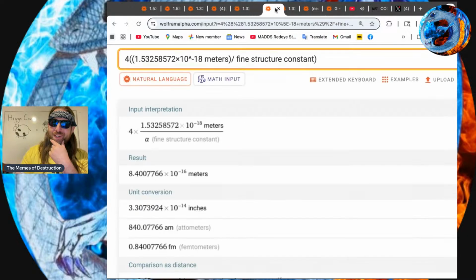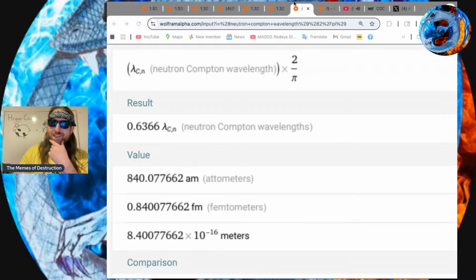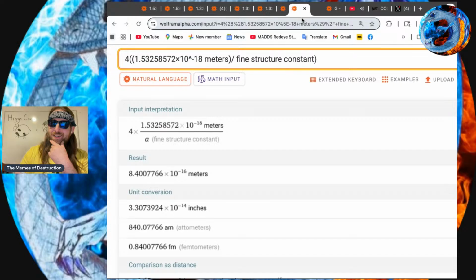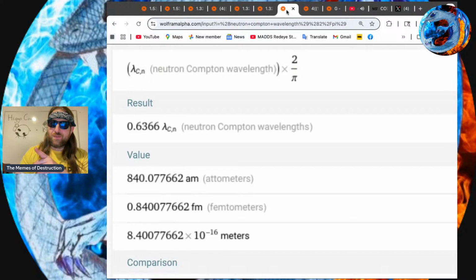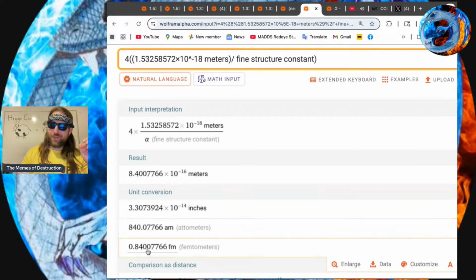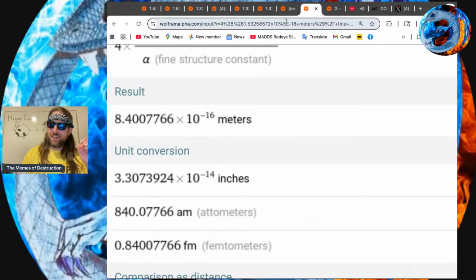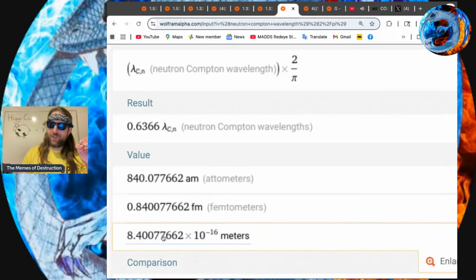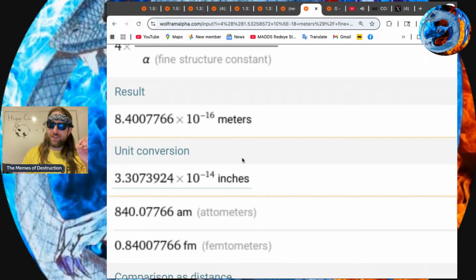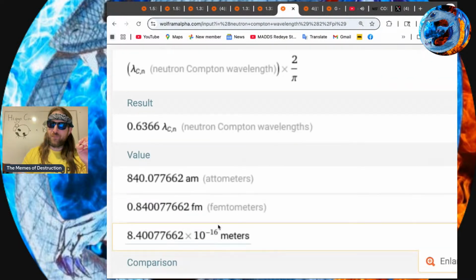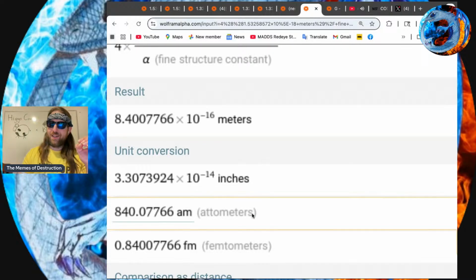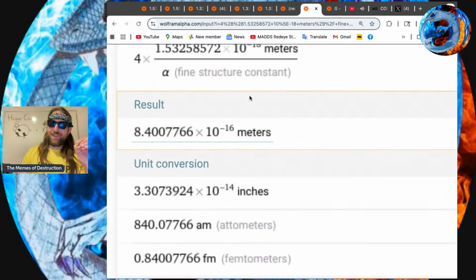Hold on, let's move this over here so it's next to it. Oh god, hold on, I pulled it out. Help. Okay. So, just to verify, 8.4, 0, 0, 7766. Okay, and then we run out of digits there, and then that's got a 2 over there. Times 10 to the minus 16 meters.